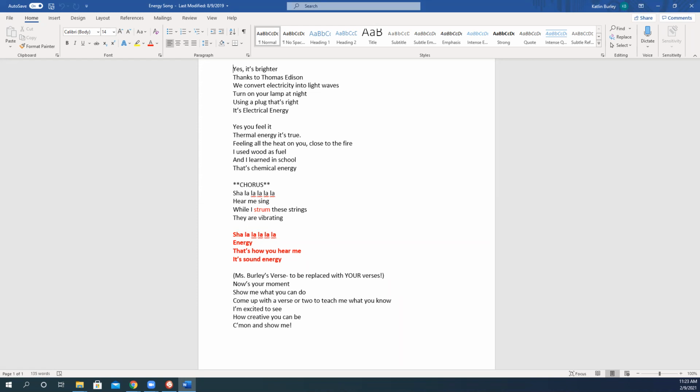I used wood as fuel, and I learned in school that's chemical energy. Sha-la-la-la-la-la, hear me sing while I play these strings, they are vibrating. Sha-la-la-la-la-la, energy, that's how you hear me, it's sound energy. Now's your moment, show me what you can do. Come up with a verse or two to teach me what you know. I'm excited to see how creative you can be. Come on and show me.